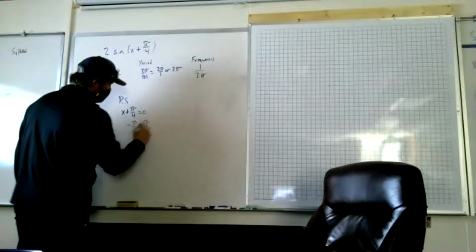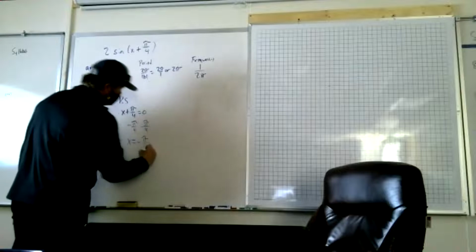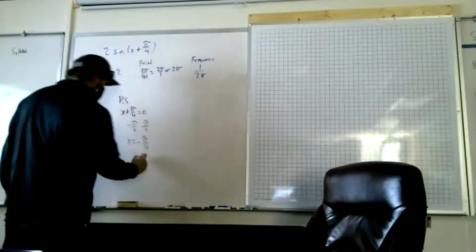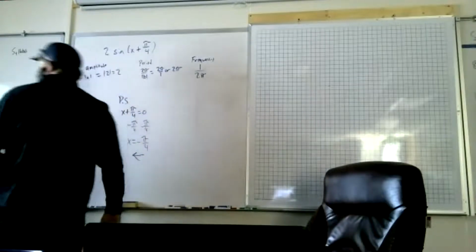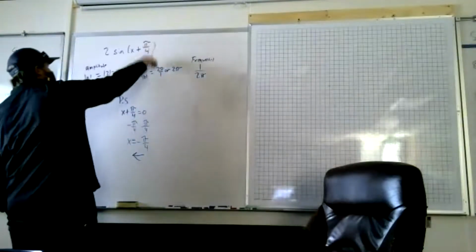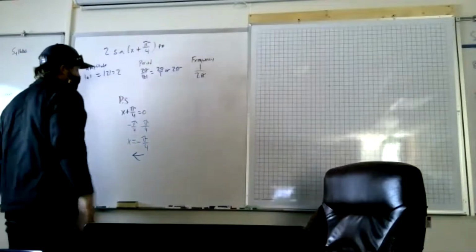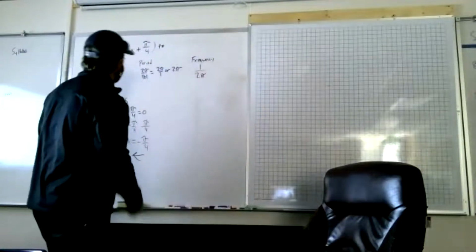And we'll get that x is equal to negative pi fourths. That means our graph has been shifted left by pi fourths, and vertical shift comes from the value D. It adjusts the midline up and down. So in this case, it's plus 0. So there is no vertical shift.